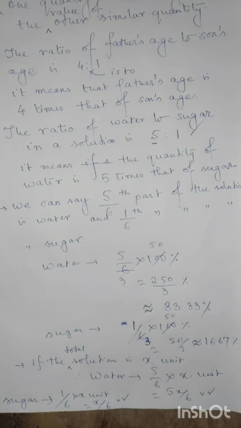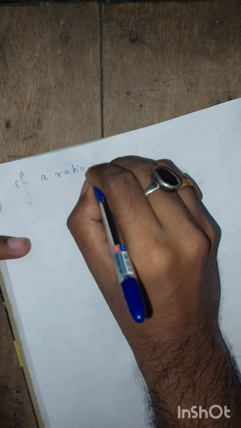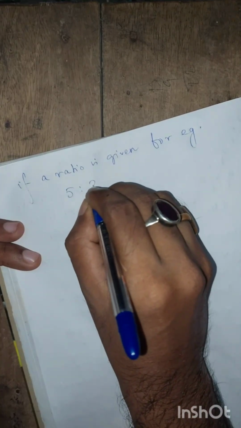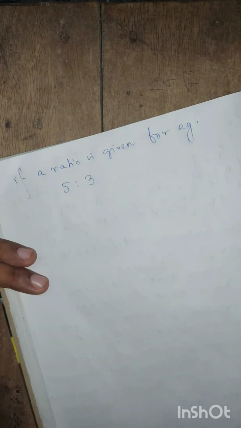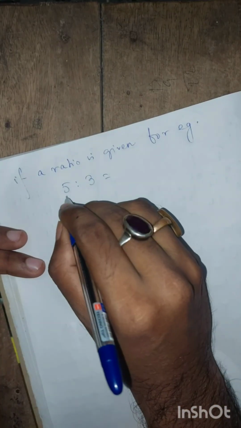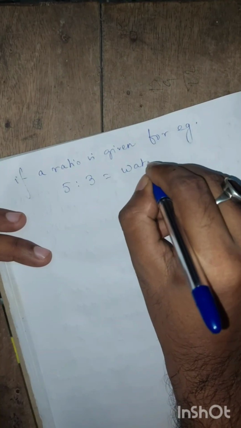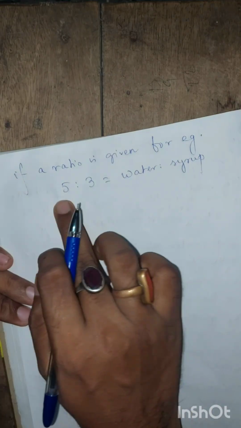Now, if a ratio is given, for example, 5 is to 3, then if we want, we can open this ratio. Let us assume this is water, and the second part represents syrup. Then we can open this.